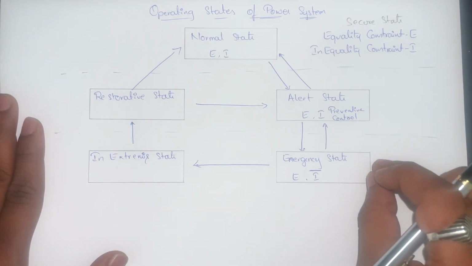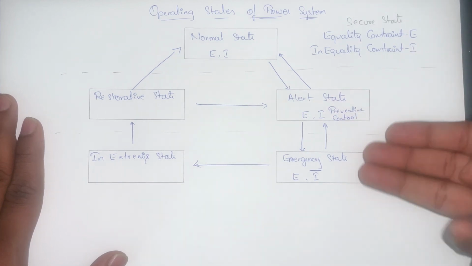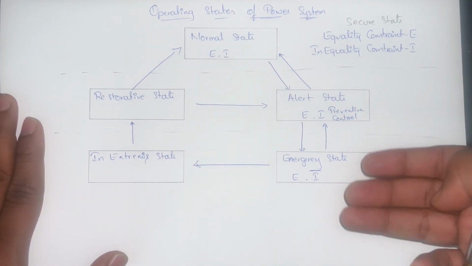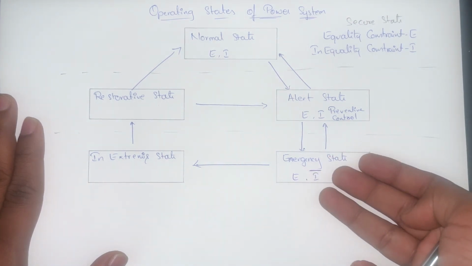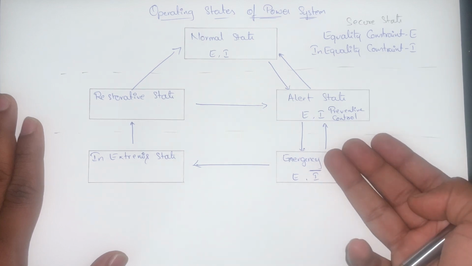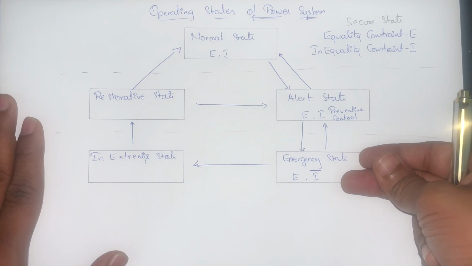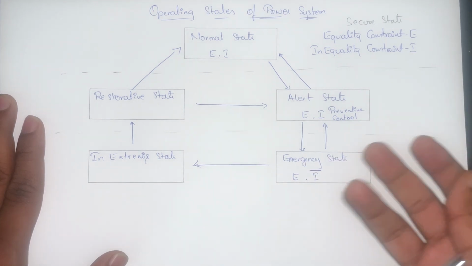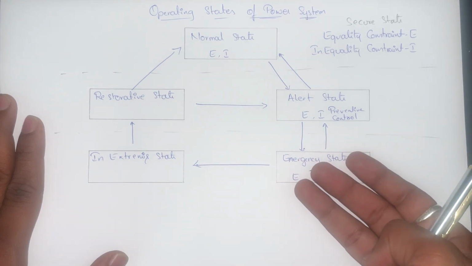Due to the disturbance occurring in the system, it may enter from the alert state to the emergency state because of the overloading on the generators, the voltage limits, the current limits, or the transformer limits. Now the transition from alert to emergency state has been initiated, because of the imbalance between the generation and the load, there has been overloading happening.